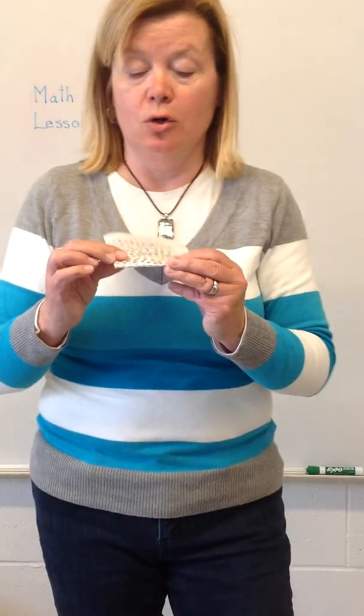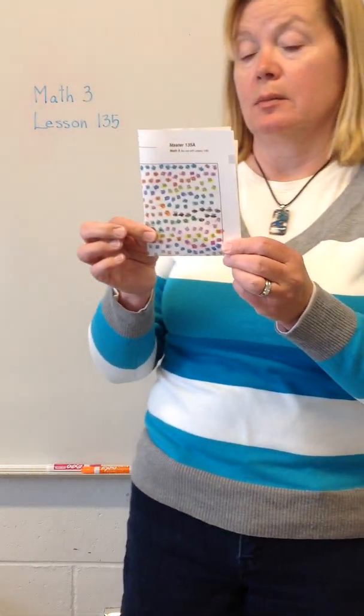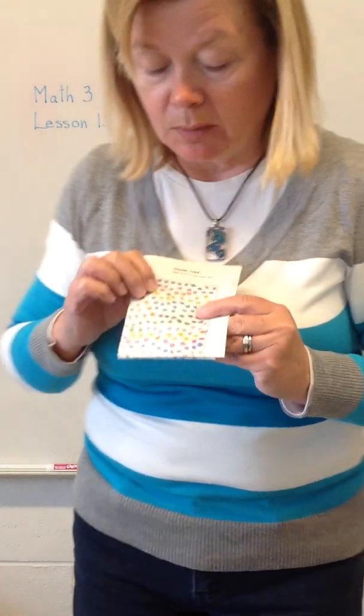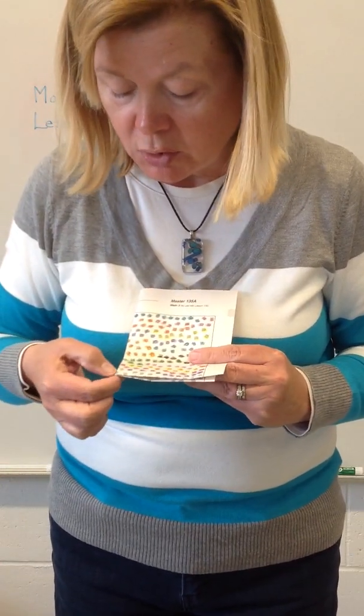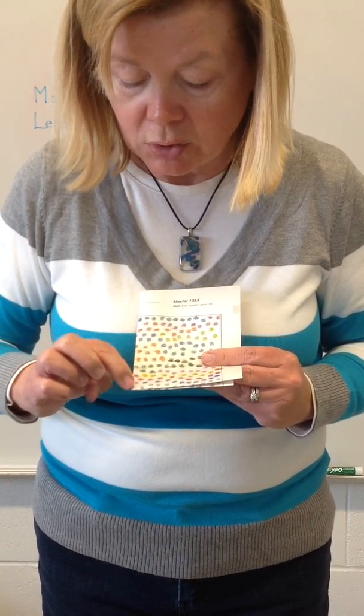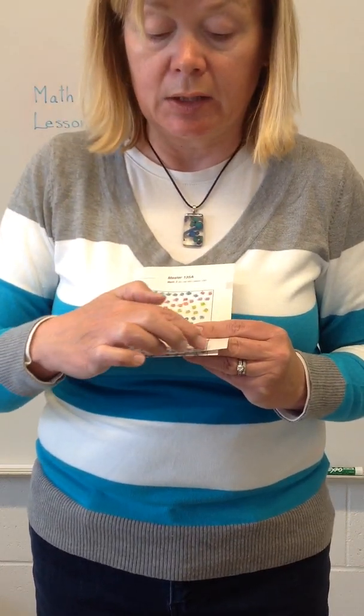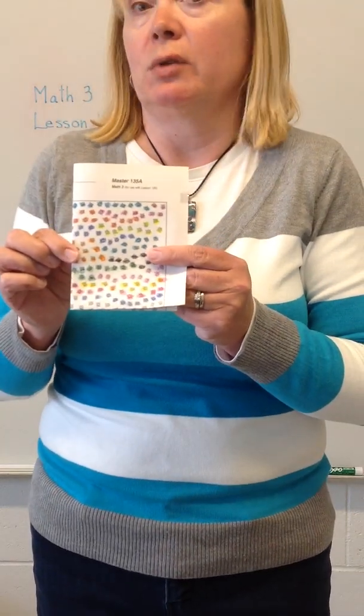Okay, I hope you have them all colored in. And I'm going to show you the bottom of mine. So, over here I did not color in this ladybug because that one I can't see over half of it. And then I have 1, 2, 3, 4, 5, 6, 7, 8, 9. So that's why I did not color in those ladybugs, because I don't have a group of 10.